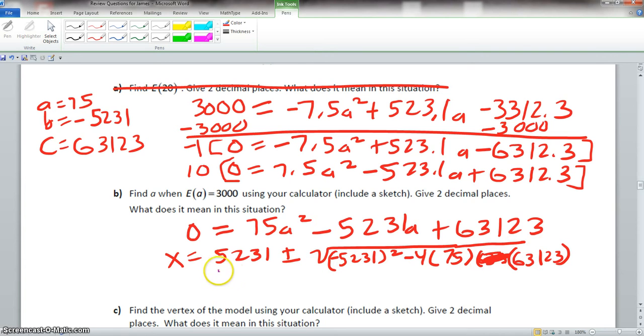Now, this would be all divided by 2 times 75. Okay, now let me scratch this out. So we will put all this in our calculator.